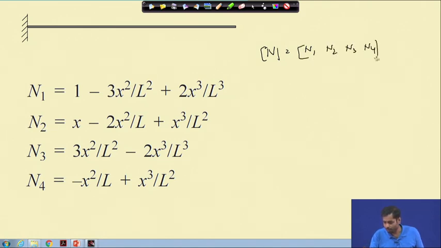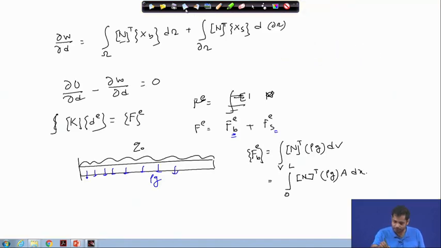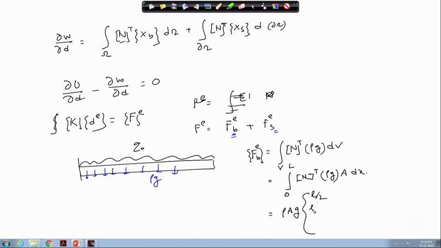Now, if we substitute this in this expression and then integrate it over the length, we get rho A g times L by 2, then L square by 12, you can check it, and then L by 2 and then minus L square by 12. So, for this beam, this contribution will be this.